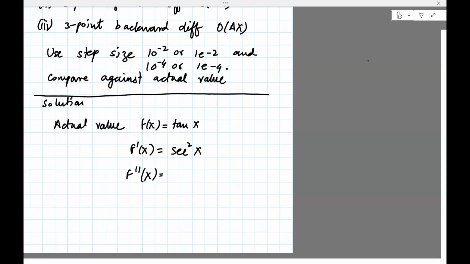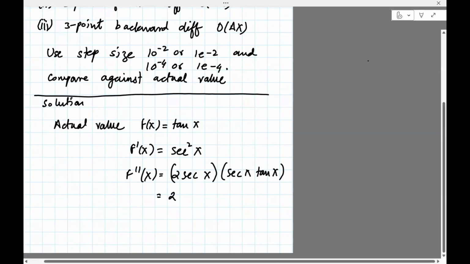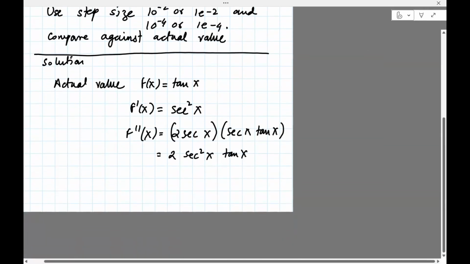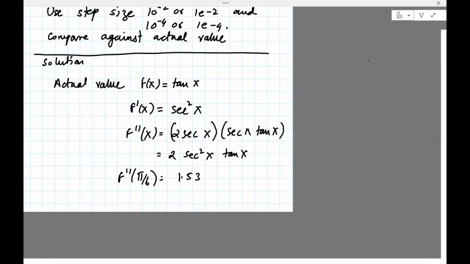So secant squared x gives 2 secant of x, and then you take the derivative of secant of x, which is secant of x times tangent of x. So the answer is 2 secant squared x times tan of x. Evaluating f double dash at x equals pi divided by 6, which just means you need to sub in the value for x in the formula, you get 1.5396. So that's our benchmark value.